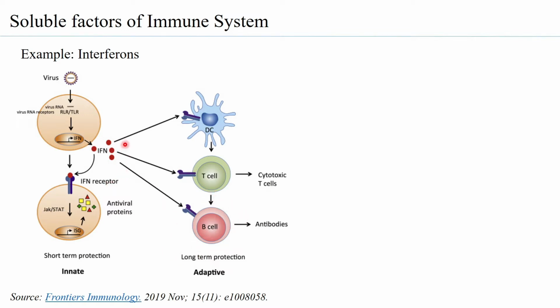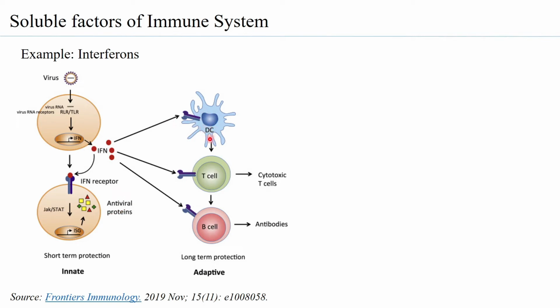But most importantly, it can activate antigen presentation by antigen presenting cells. The interaction of interferon gamma and the surface interferon receptor will lead to the dendritic cell or macrophage getting activated, and on activation they give rise to MHC class 2, and on the surface they present the broken viral components.